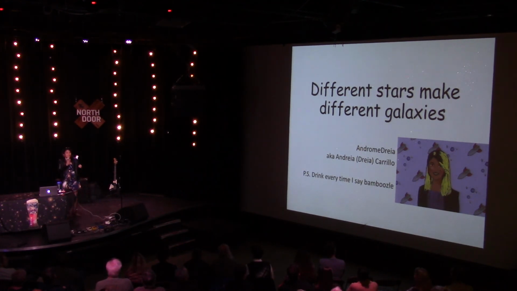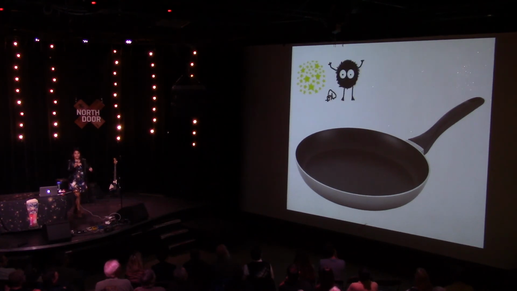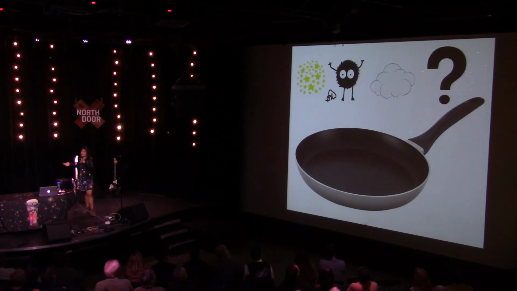So just to recap, y'all really failed this quiz a while ago, so we have to get over that again. You have a frying pan, put it on the stove. Just a recap of galaxy formation, right? You have stars, you have dust, you have gas, and you have something that we don't really know, so it's a big question mark.